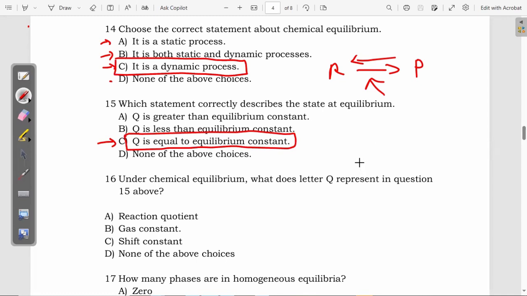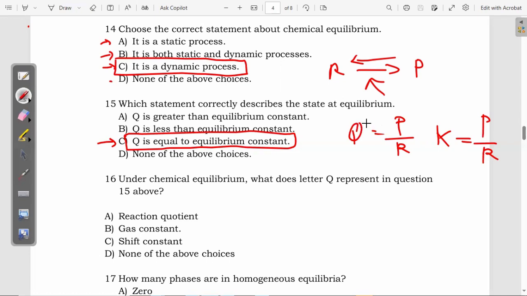So this Q represents what we call the reaction quotient, which is just the ratio of the products to the reactants, of course based on their stoichiometric moles. And the K, which represents the equilibrium constant, is also the ratio of the products and the reactants, but at equilibrium.